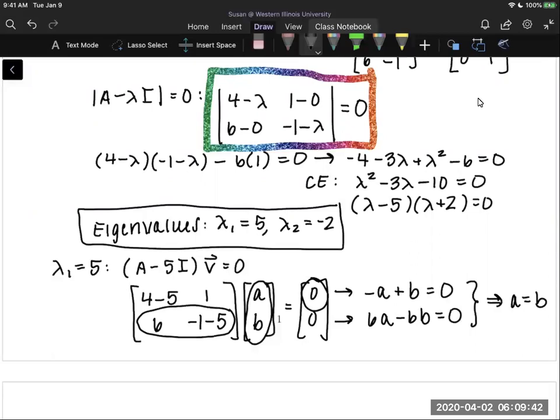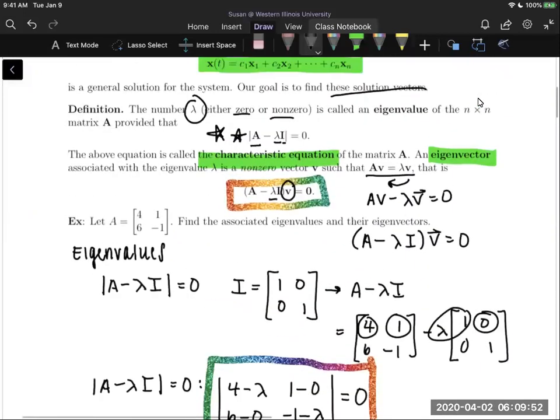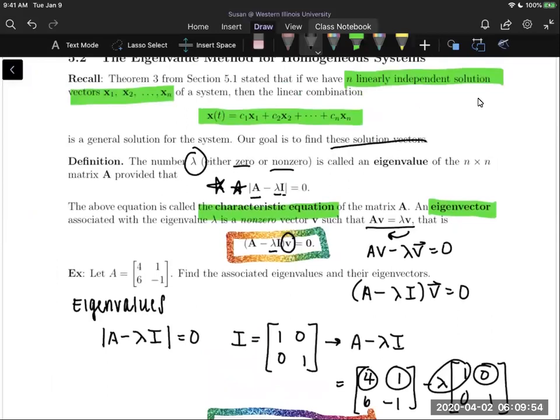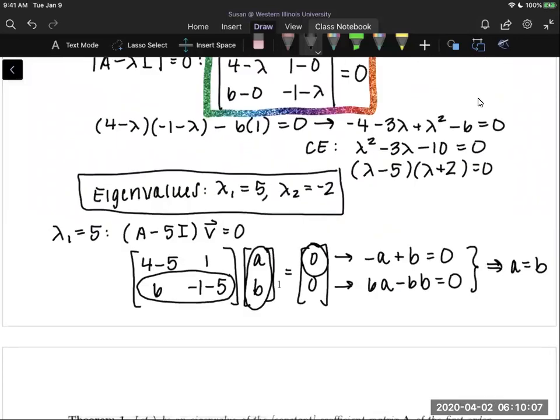So you get to make a choice at this point. What do you want to let a and b equal? Remember, there is only one forbidden eigenvector, and that forbidden eigenvector is the 0 vector. The eigenvector can be any vector that satisfies this equation so long as it's non-zero. So 0 is not a choice for a and b, but any other choice is fine.